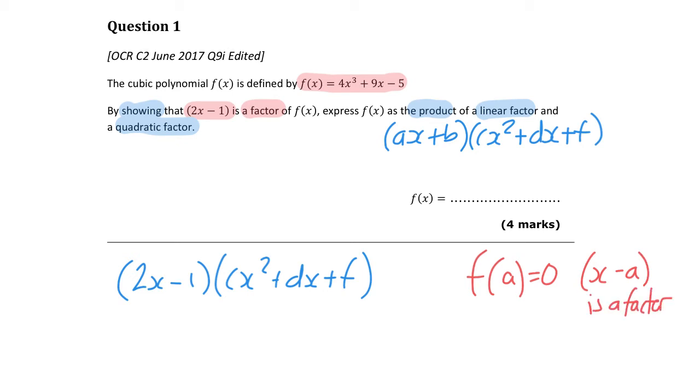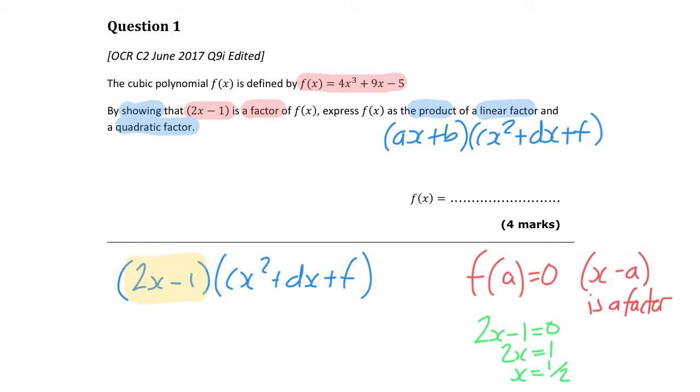So if I want to show that 2x minus 1 is a factor, I need to think, what value of x would make this bracket equal to 0? What would make that factor equal to 0? If you can't spot it, you could do a bit of working out. 2x minus 1 equals 0 gives us 2x equals 1, gives us x equals 1/2.